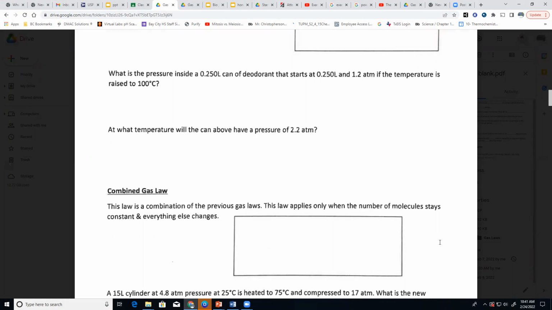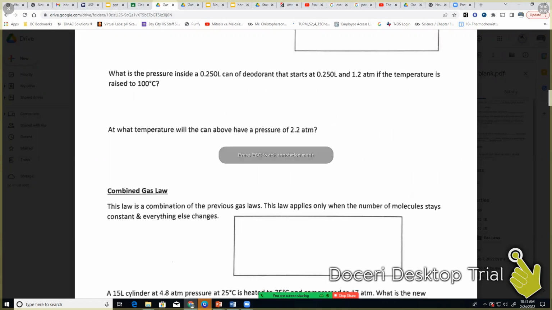All righty. So my first example right here, you're going to need to change that second 0.250 to 50 degrees. A little typo there. P1T2 is equal to P2T1. So it says, what is the pressure inside a 0.25 liter can of deodorant that starts at 50 degrees Celsius?